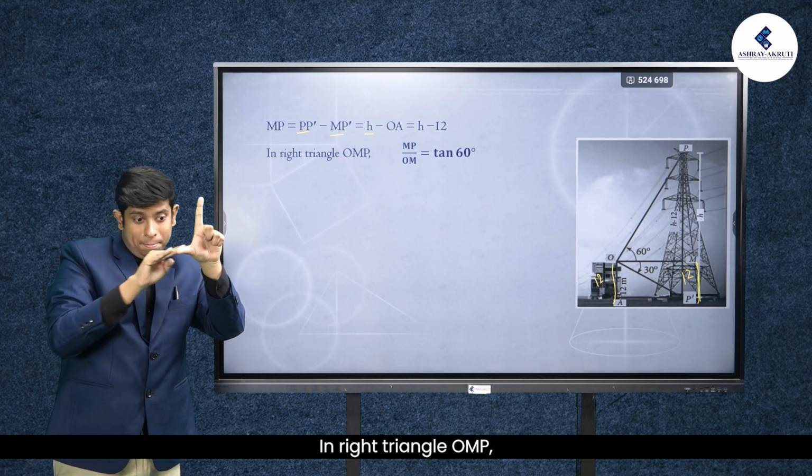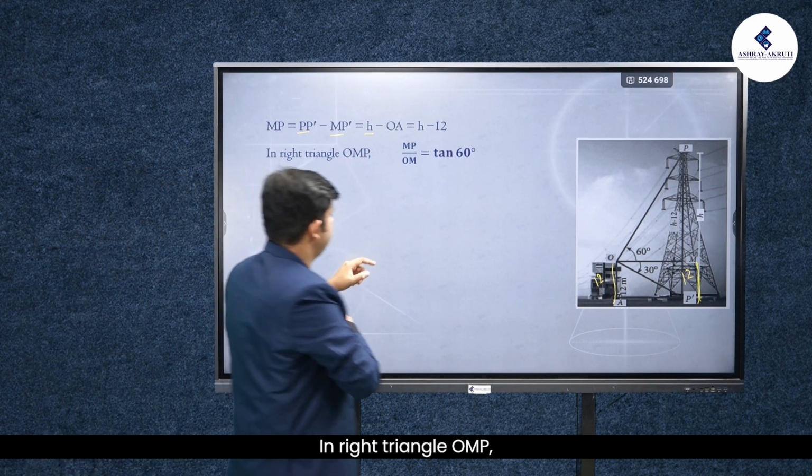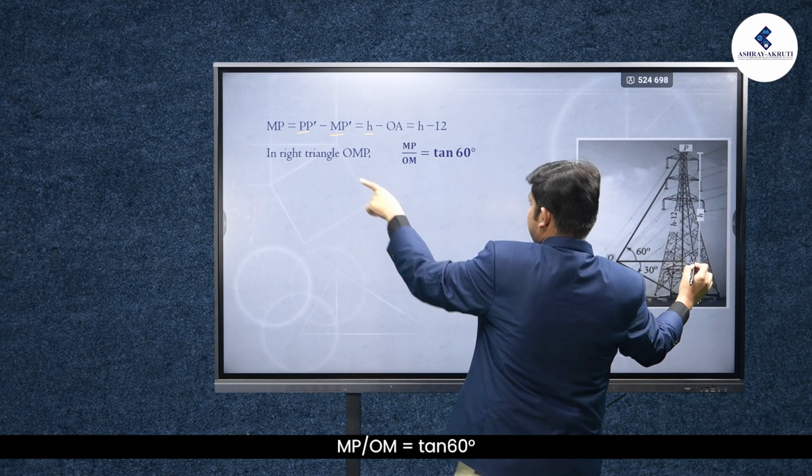In right triangle OMP, MP by OM is equal to tan 60 degrees.